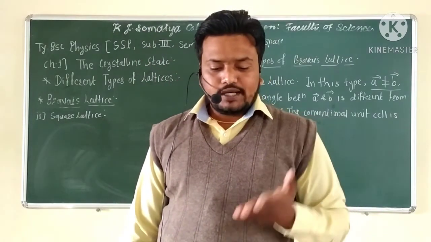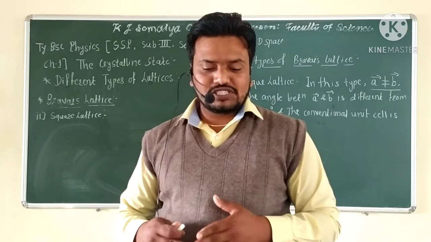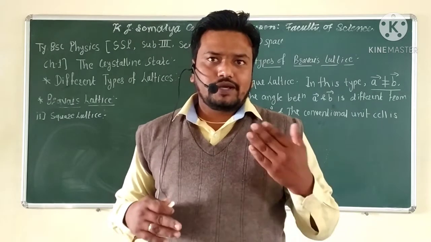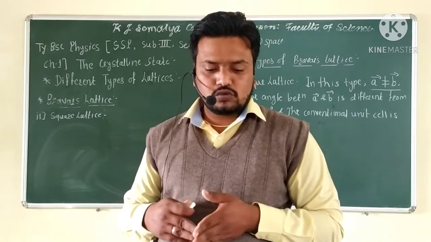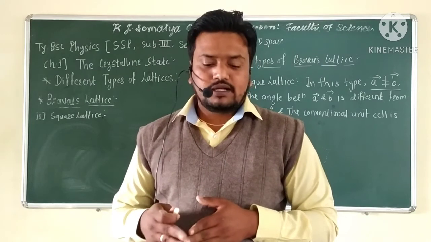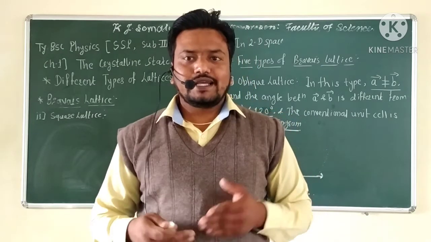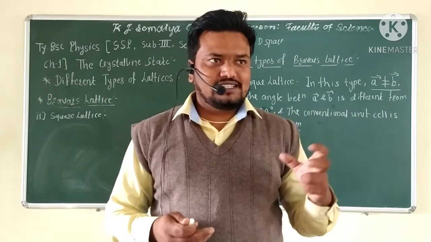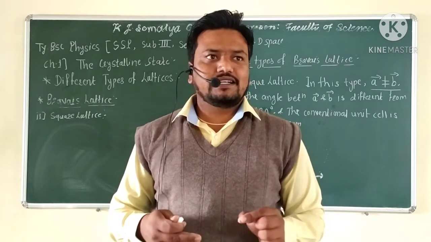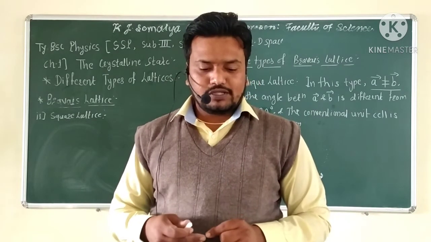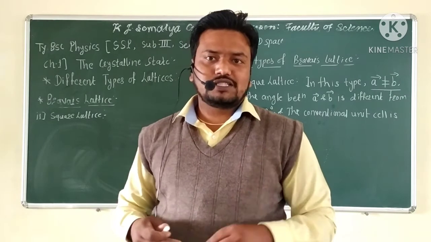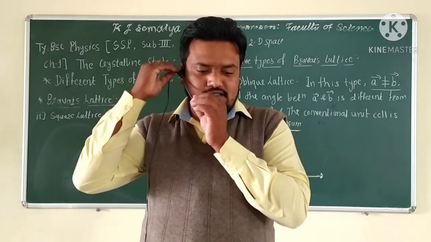In the square lattice, the main condition given here is that mod of A bar is equal to mod of B bar, and the angle between A bar and B bar, considered as theta, is equal to pi by 2, and the conventional unit cell is a square.